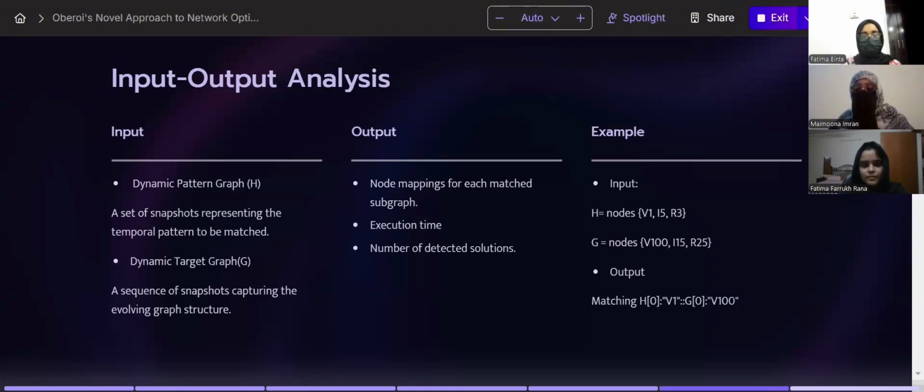Here, the output H0V1 maps to G0V100 shows that node V1 in H is mapped to node V100 in G. If no match is found, the output indicates that as well. This allows users to see whether the dynamic graph pattern exists in the larger graph and how it aligns over time.